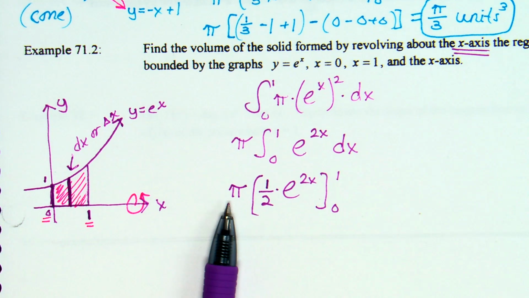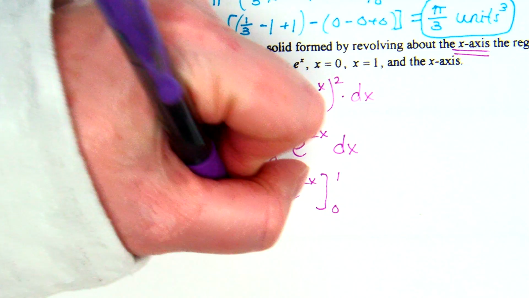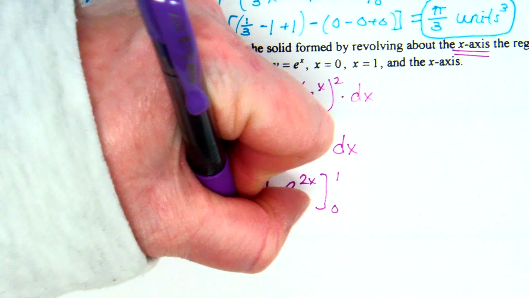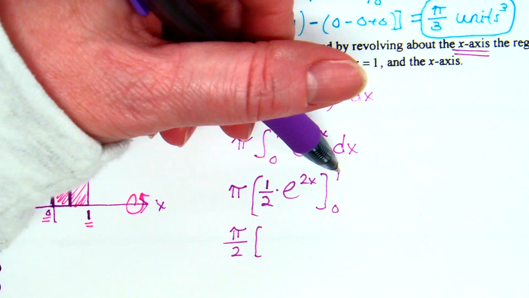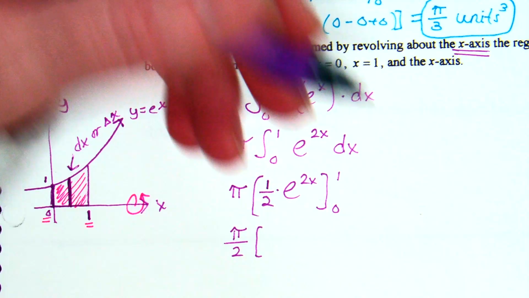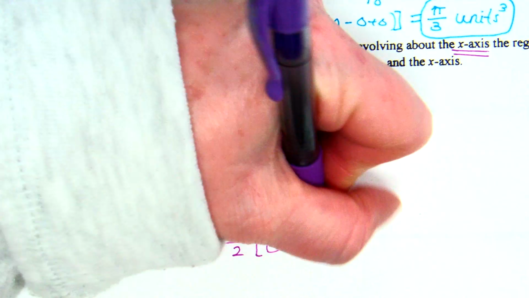If I take that 1/2 out front with pi, what is pi times 1/2? Pi over 2, and then it's times e to the 2x. What do we have to do? Plug in 1 and then plug in 0. So it's going to be e to the second minus e to the 0.